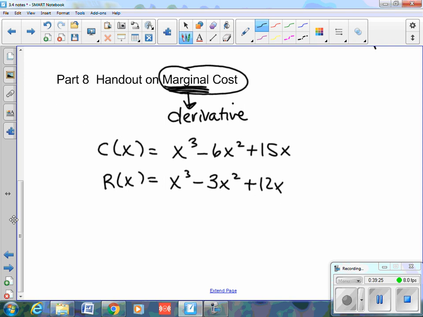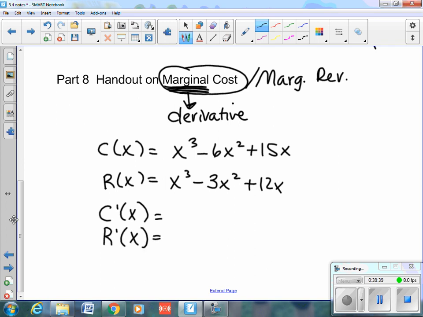If they want you to find the marginal cost and marginal revenue, all you're going to do is find C prime of x, which is 3x squared minus 12x plus 15, and R prime of x, which is 3x squared minus 6x plus 12. Just take the derivative of those two.